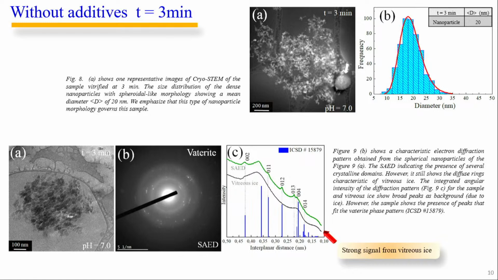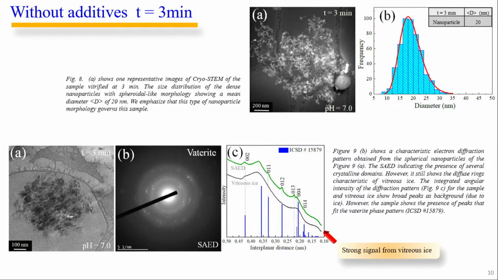We emphasize that this type of particle morphology dominates this sample. Figure 9 shows a characteristic electron diffraction pattern obtained from the spherical nanoparticle of Figure 9A.